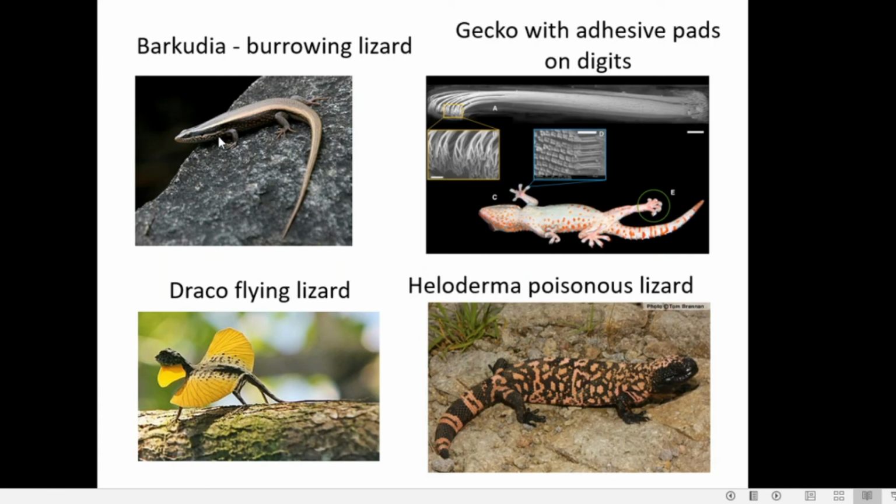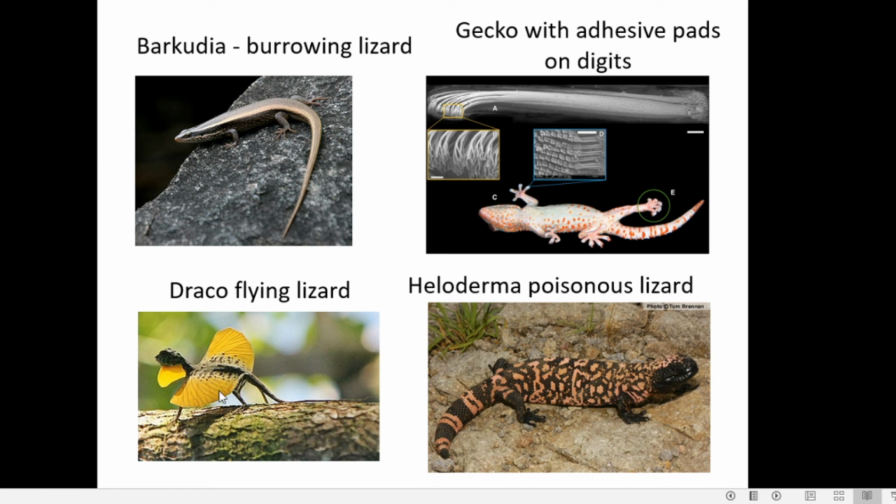This is Barkudia, the burrowing lizard. You can see the house lizard or wall lizard, gecko, which is specialized in having adhesive pad like structures on the digits which help them in climbing the walls.